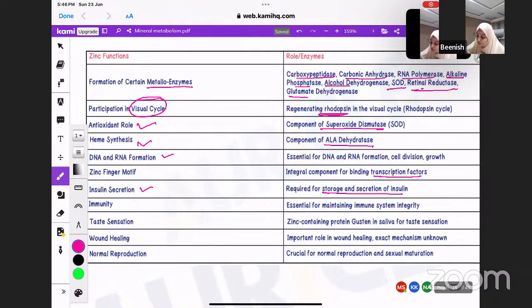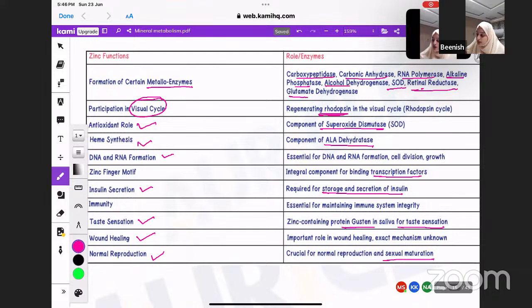It is also important for maintaining immunity, and for taste sensation because the zinc-containing protein gustin in saliva is responsible for taste sensation. Now, wound healing, and normal reproduction and sexual maturation also need zinc.